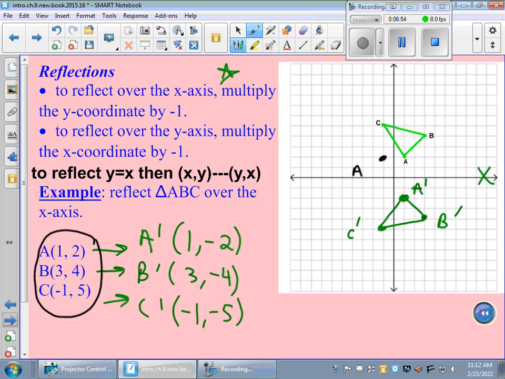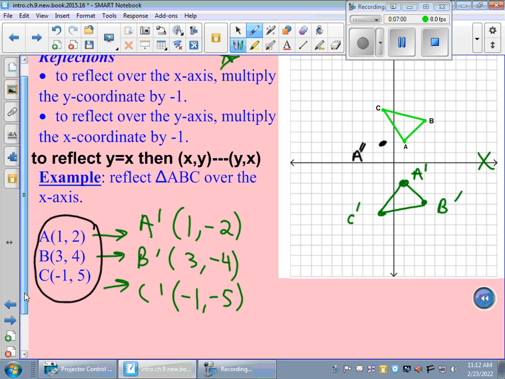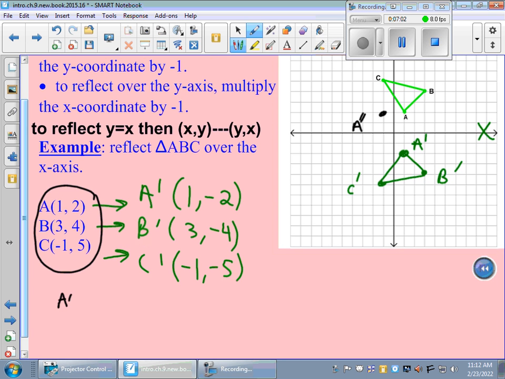I'm just going to call this a double prime just to kind of show you where that's at. So A double prime would be -1, 2. B double prime, if we reflected over there, we multiply the x by -1, so it'd be -3, 4.